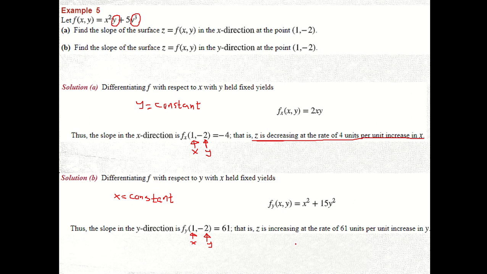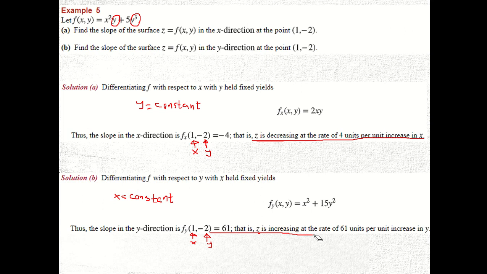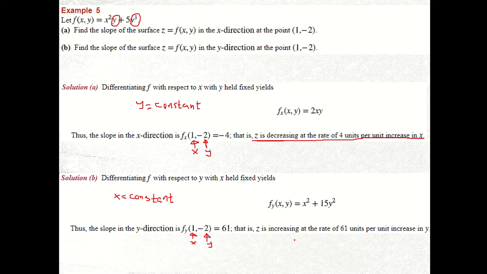So the other one was decreasing, but for this part of our solution, z is increasing at the rate of 61 units per unit increase in y.